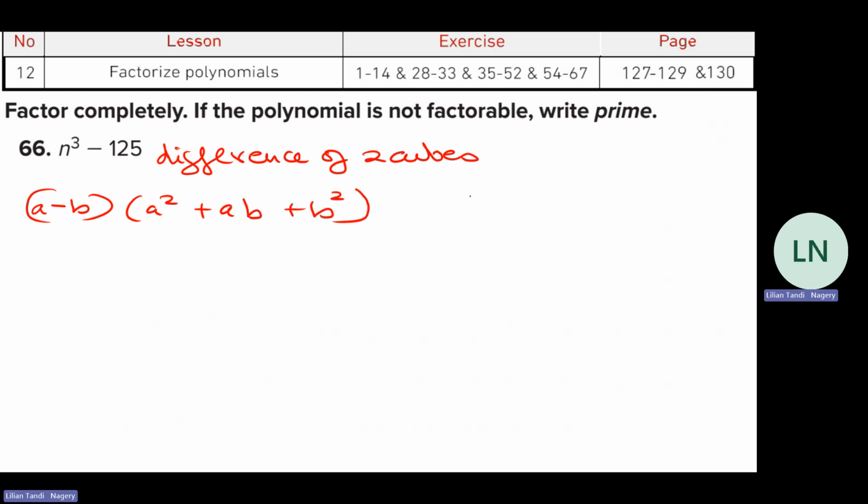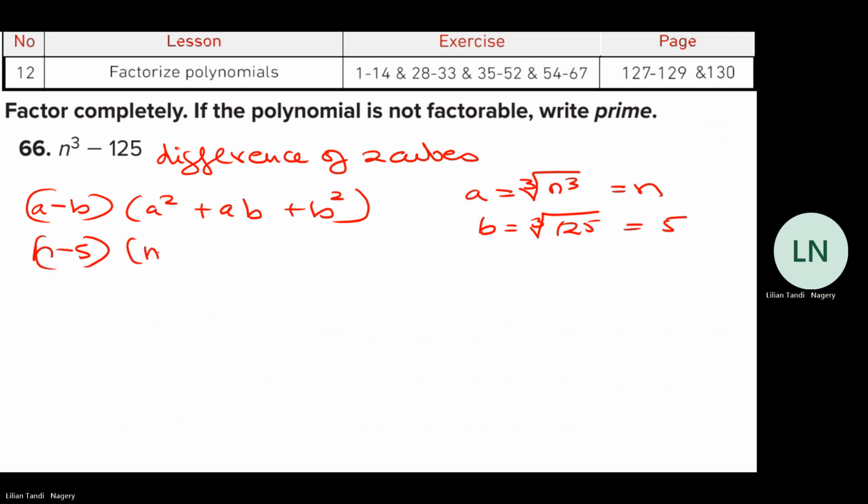How do I find A? Cube root of n cubed, which is n. How do I find B? Cube root of 125, which is 5. So this will be n minus 5, n squared plus n dot 5 plus 5 squared.